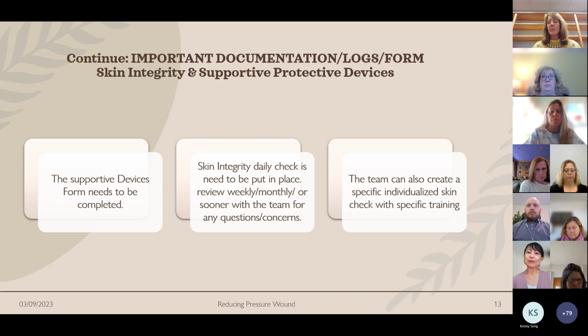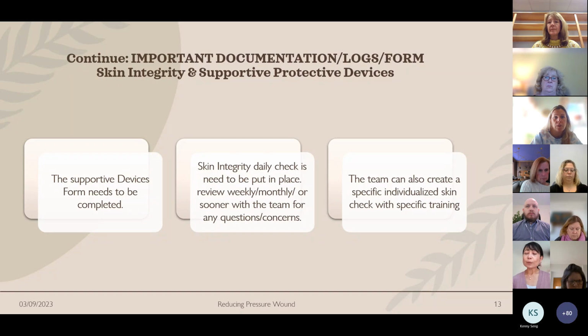Because if something happened, even though we can say the training has been done, we have this safety protocol in place, and we told the caregiver to check the member 3 times a day and report it to us, however, during the home visit, maybe the member refused to be checked and doesn't want to cooperate with the shared living provider, this can cause an issue. So please make sure we have those documents.